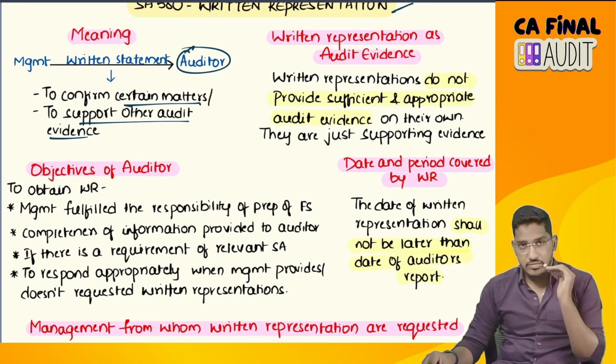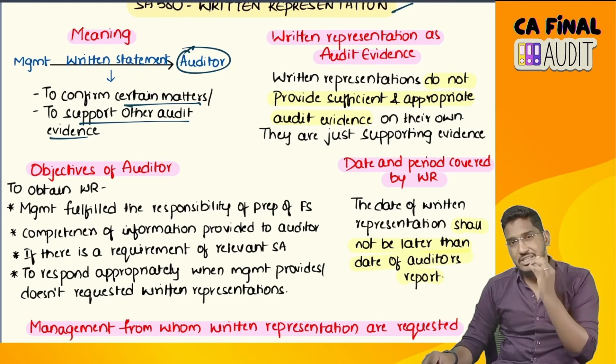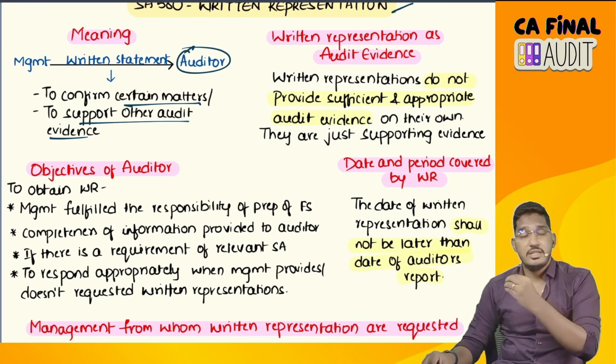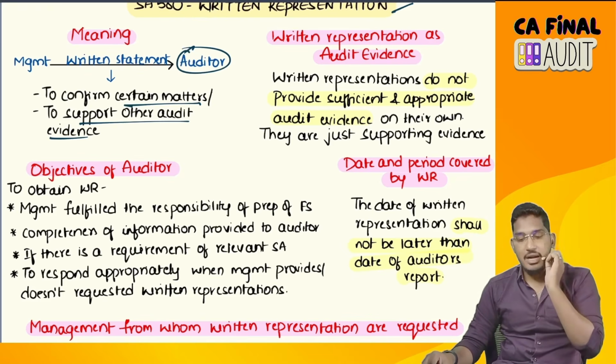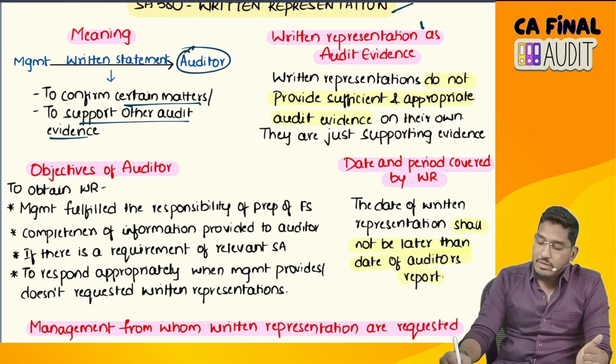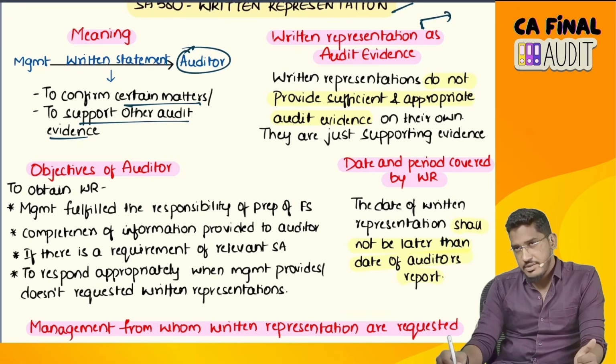If you pay attention, so many standards we have discussed till now, and in many standards, they have asked you to obtain written representation regarding certain matters. Those are nothing but written statements which you as an auditor obtain to confirm certain matters or to obtain extra evidence. Now, sir, whatever written statements I am getting from the management to confirm certain activities, is that audit evidence?